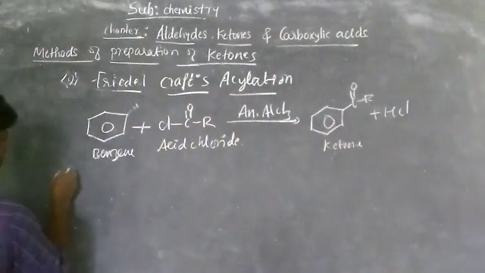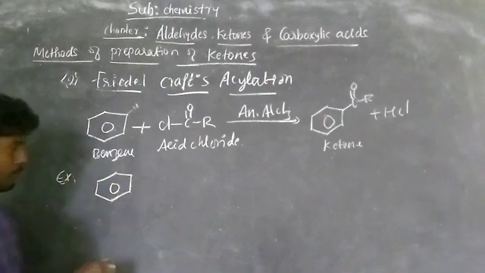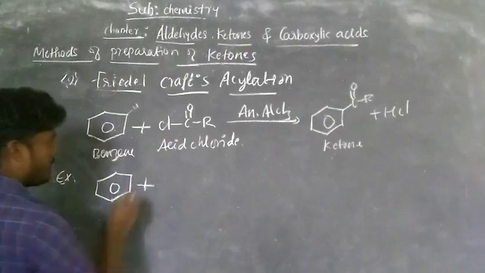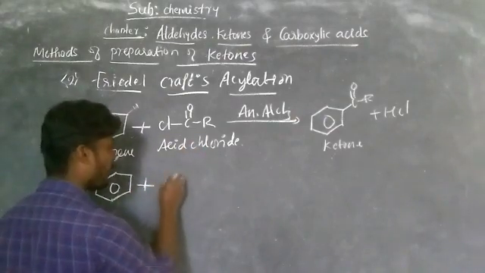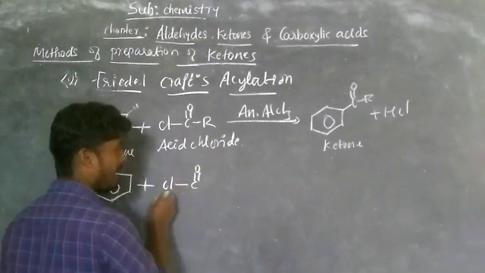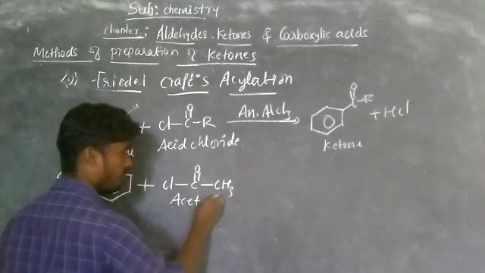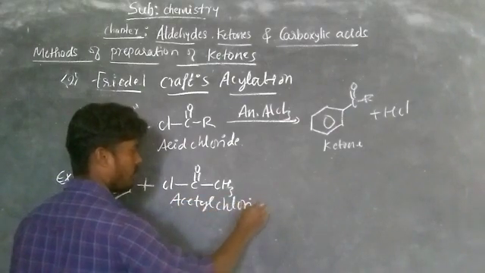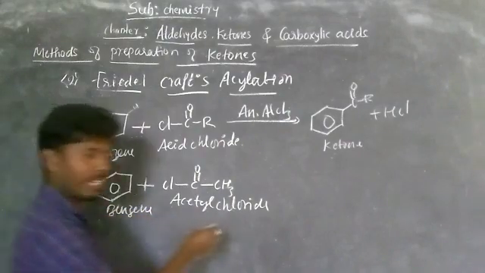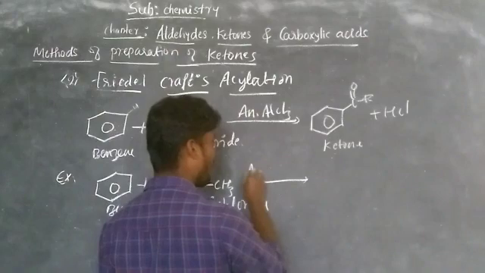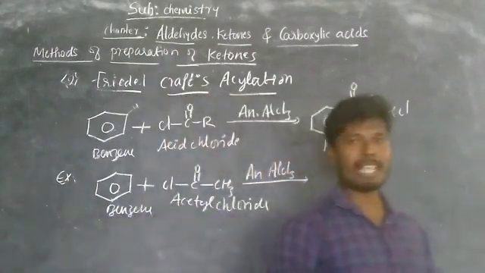Now an example: take benzene plus, in place of acid chloride, acetyl chloride. Acetyl chloride is nothing but Cl-C double bond O-CH3. You know this is benzene. These two react together in the presence of anhydrous aluminium chloride, that is called a Lewis acid.